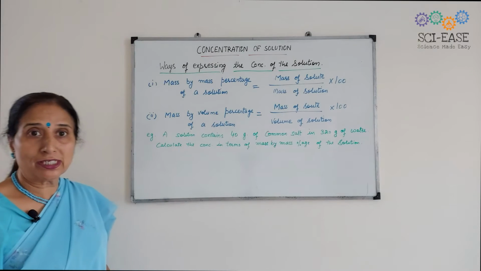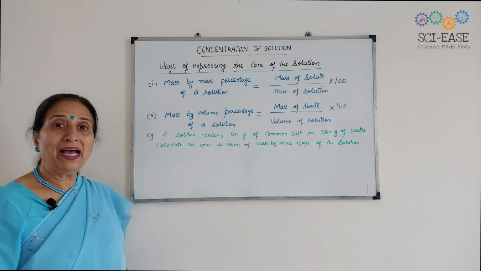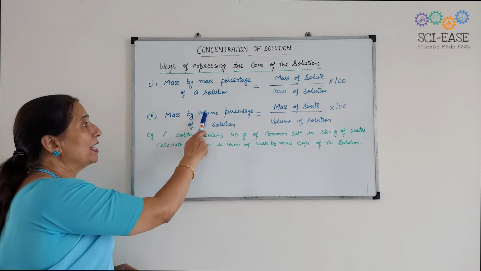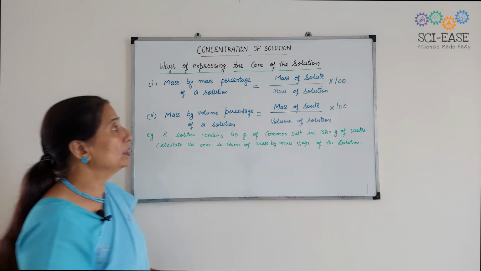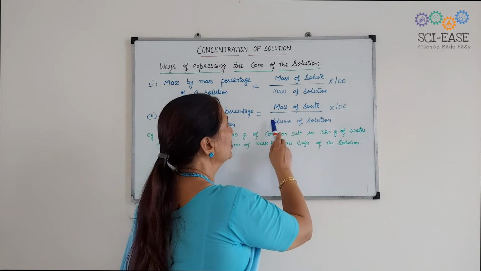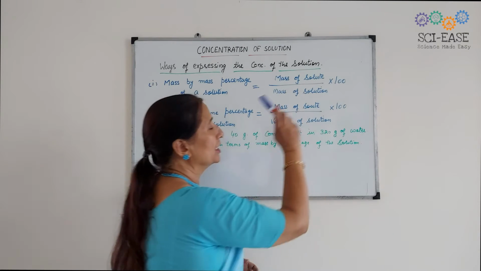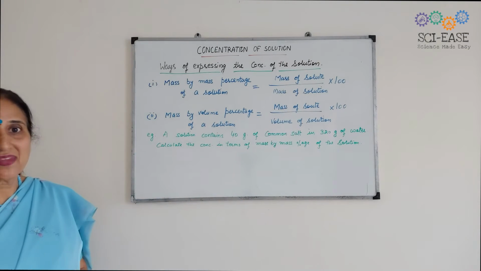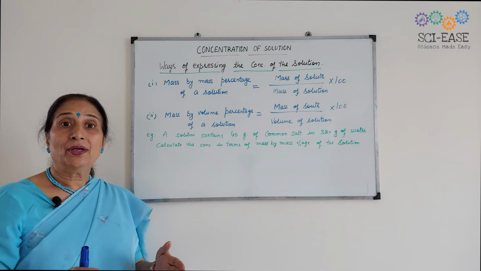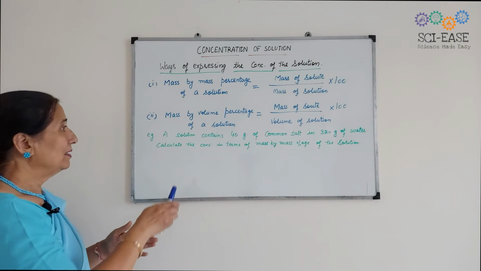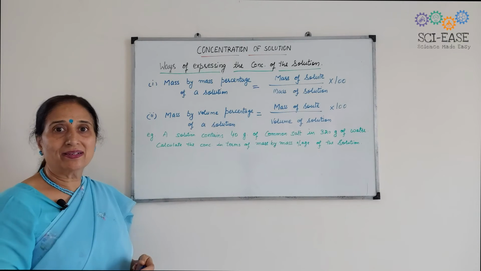This is the formula. The second method is mass by volume percentage of the solution, which is equal to mass of the solute over volume of the solution into 100. So, on the basis of this, we will do one numerical here.